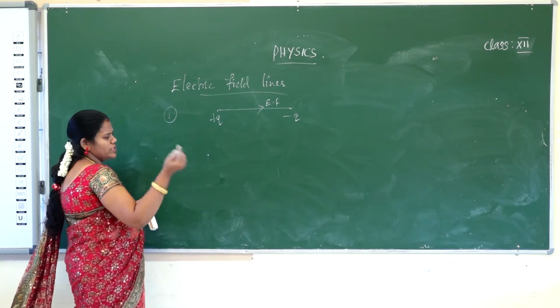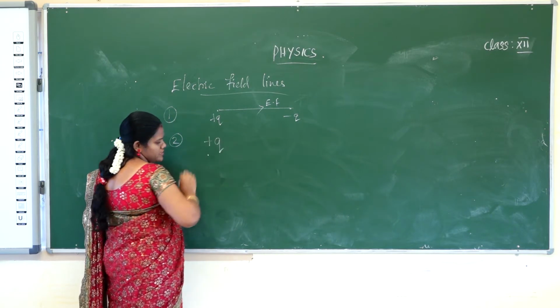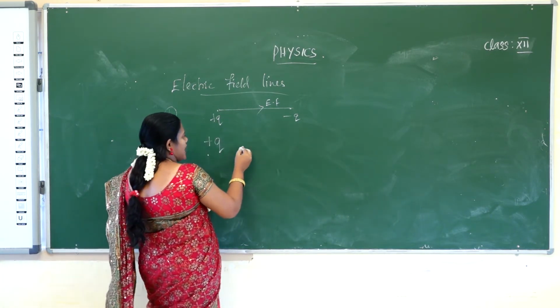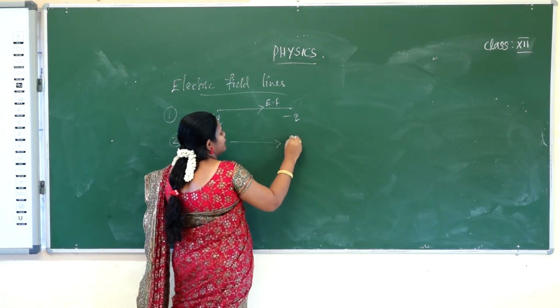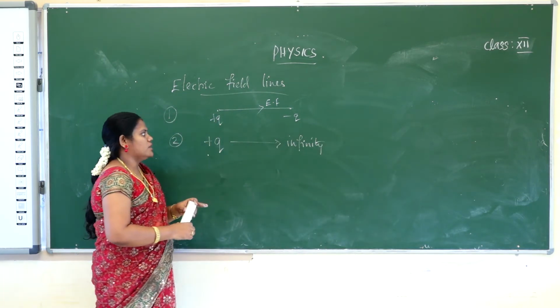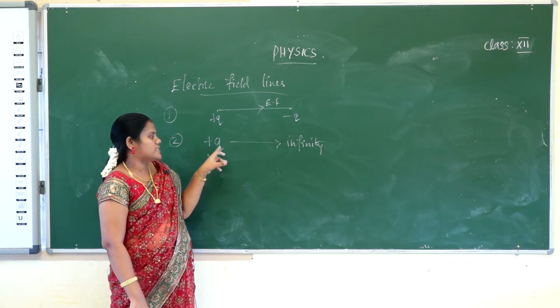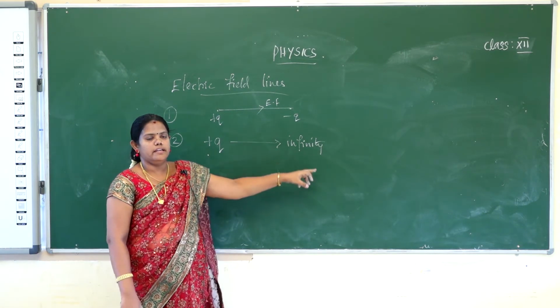Suppose you have a single charge, a positive charge. The electric field starts from the positive charge and ends at infinity. Suppose you consider only one charge, a positive charge; the electric field starts from that charge and ends at infinity.